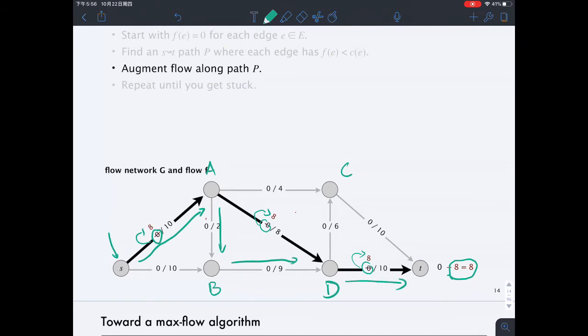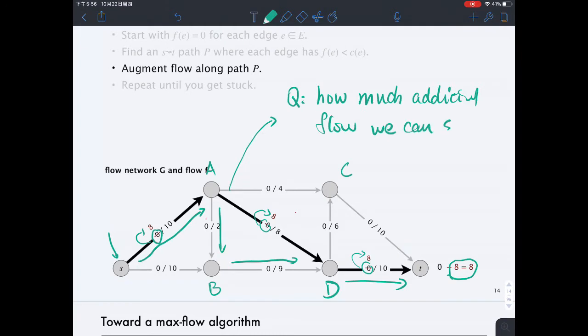So let's just say that the second path is moving from S to A to B to D, and D to T, right? Now the question is the same as in the previous iteration. The next question we want to answer is how much additional flow we can send, right?